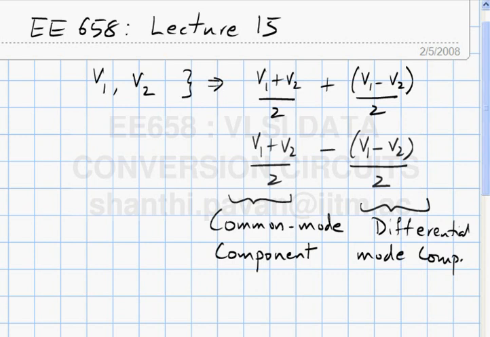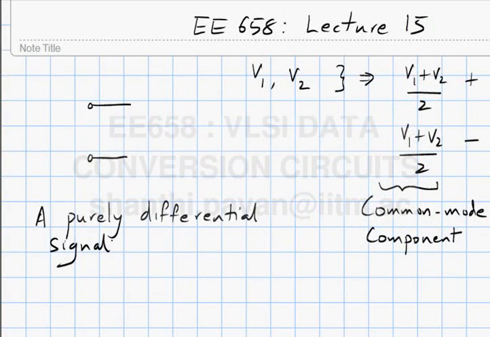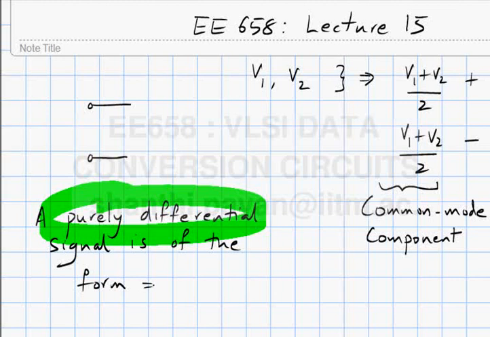If you have a fully differential signal, or a purely differential signal, what it means is that you have two signals of this form: VCM plus VD, and the other one VCM minus VD, where VCM is a constant.